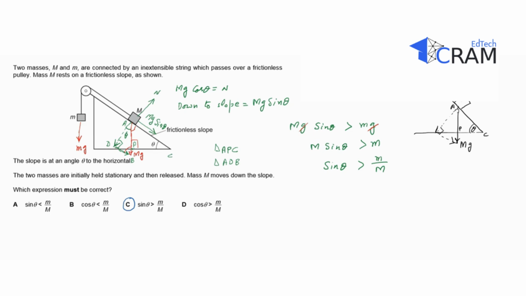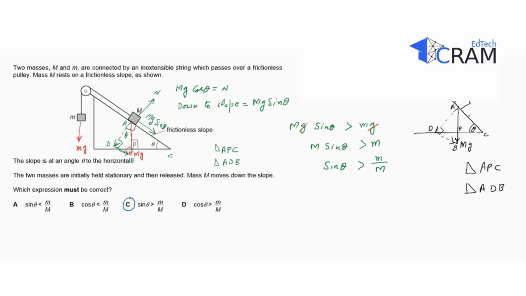Exactly like this, I take another point B, so ADB is another right angle triangle. So we have two right angle triangles.